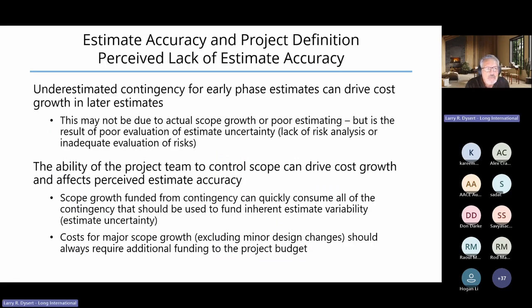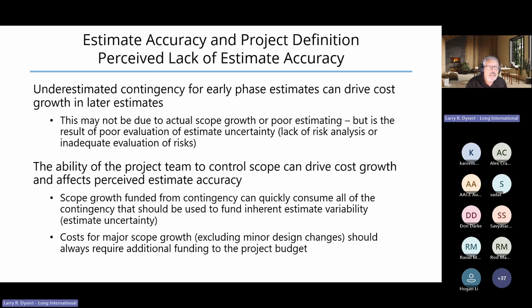Now we need to be careful that we don't blame our estimate accuracy or our contingency determination if we overrun our estimate. Number one, if we fund our estimate at P50, there's a 50% probability we're going to overrun that value.